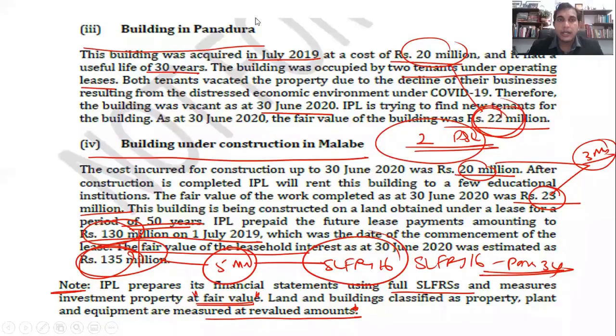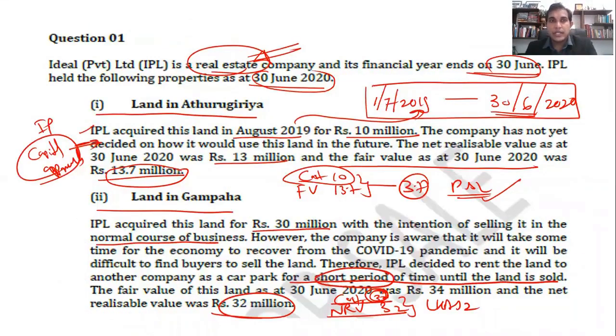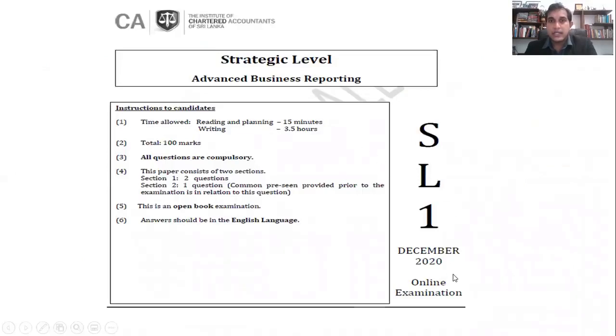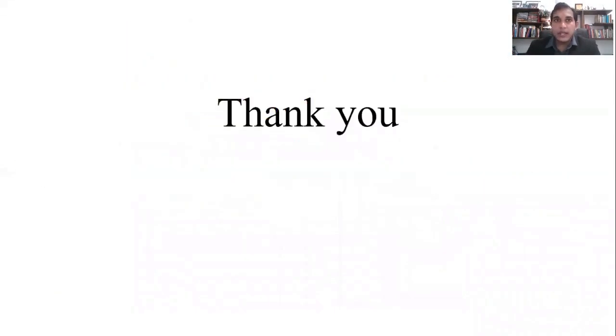Let me show you the question that we have discussed, December 2020, question number 1. I answered and wrote the answer on the whiteboard. I hope you have written that answer and gained some good insight on LKAS 40 from this discussion. Okay, I hope you enjoyed the session. Thank you very much.